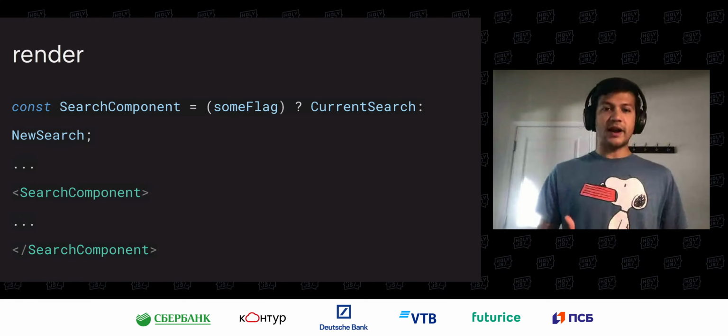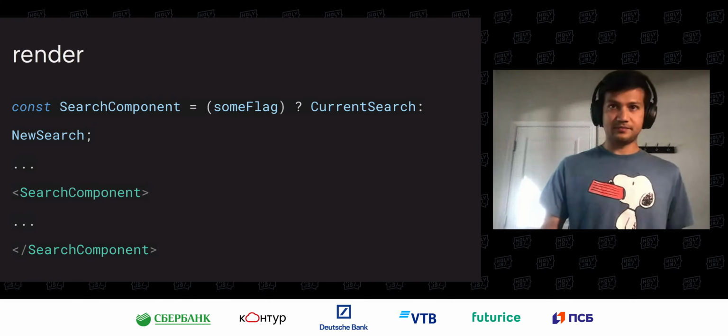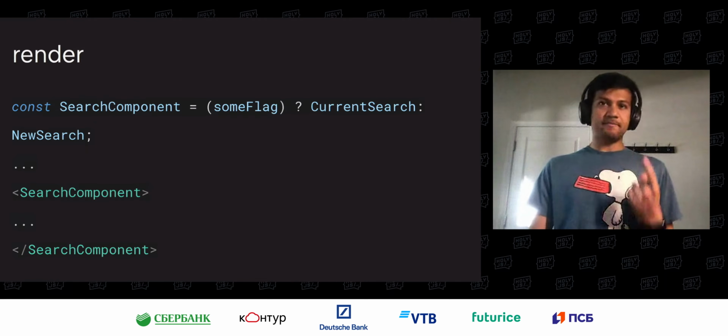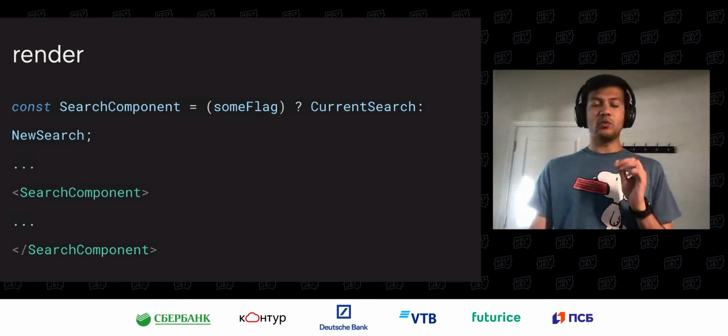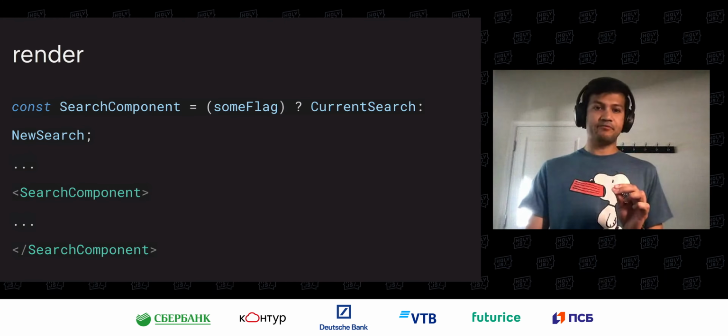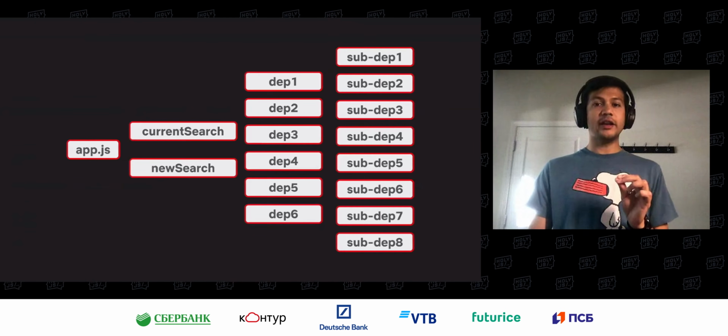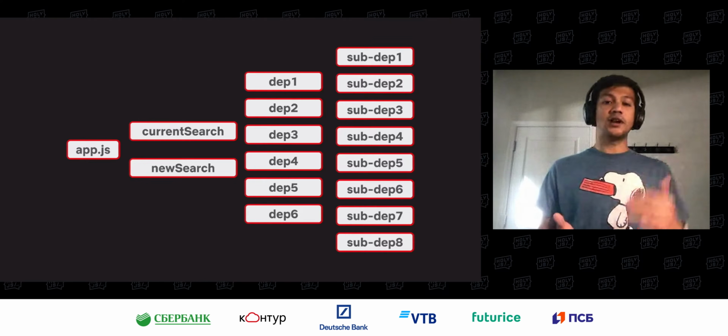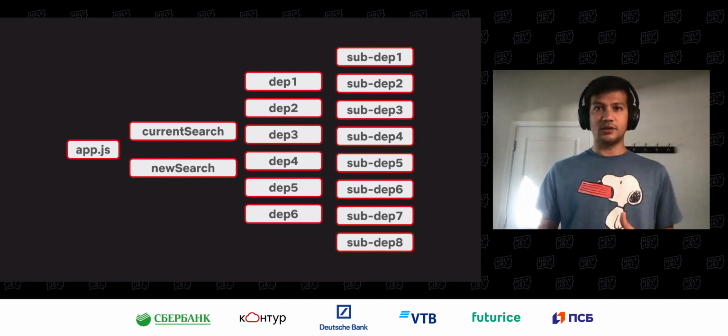This is a pretty standard way of writing React code. But do you notice something? That even though we want to render just one component, right, we are including all these files in our bundle. And that's because we just said import current search and import new search.